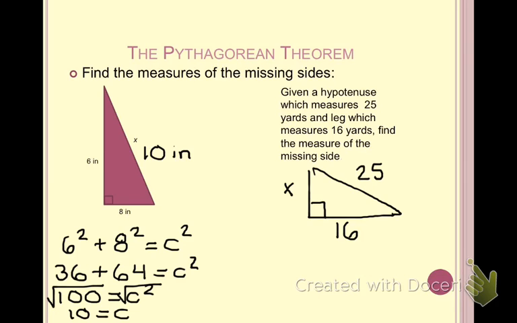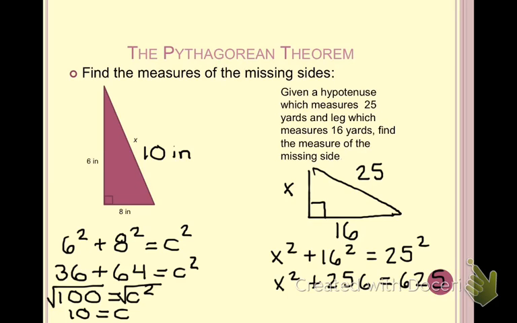Okay, so I know at this point that x squared plus 16 squared equals 25 squared. So 16 squared is 256, so I have x squared plus 256 equals 25 squared is 625. Now I need to subtract 256 from 625.